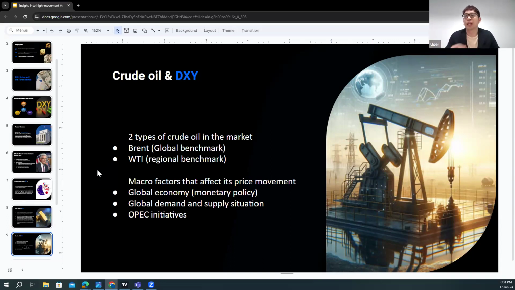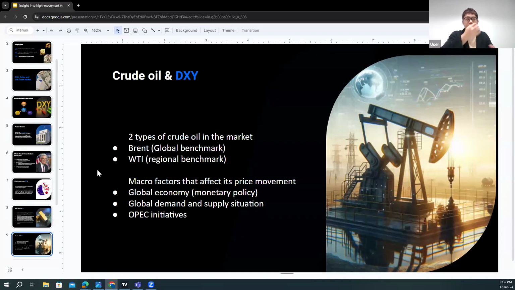The next one is global demand and supply. For example, since the pandemic, we know China and India are the top importers of crude oil in the world. They use a lot of crude oil.